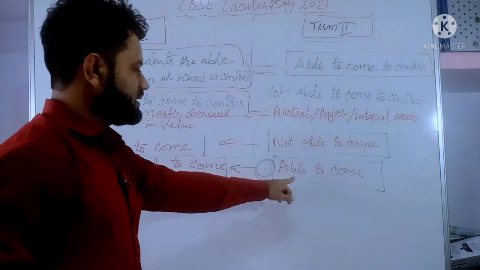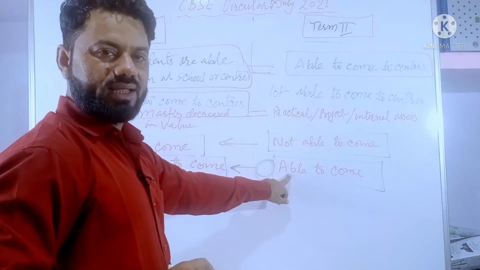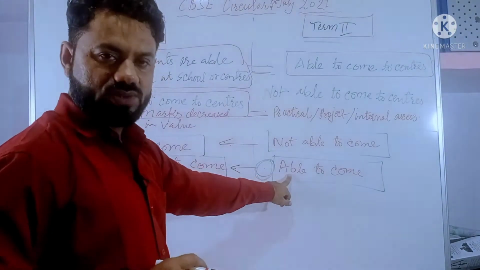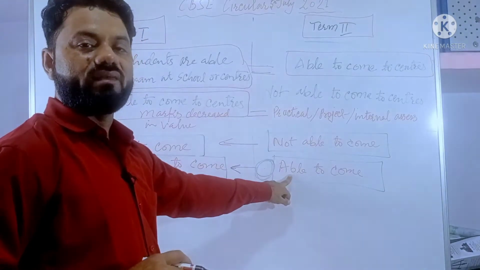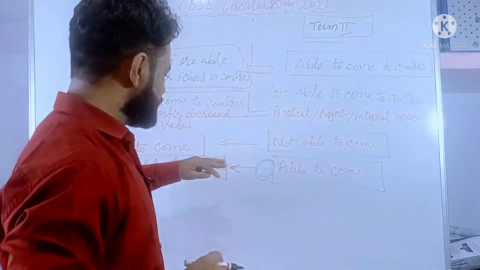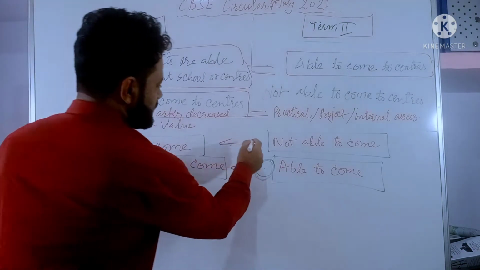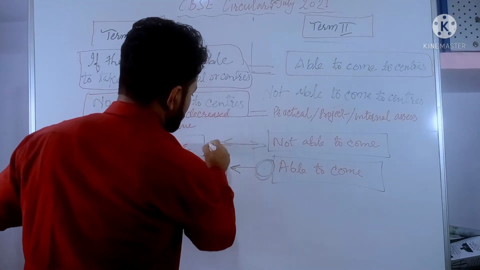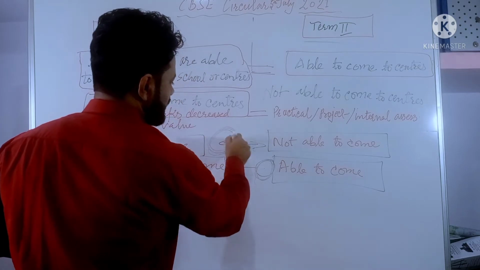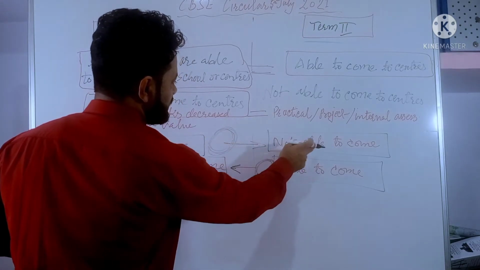The value of the exam taken at the examination centers will have more value, increased value in comparison to the first term examination. Unable to come to centers, here its value will be increased and the value of this will be decreased.